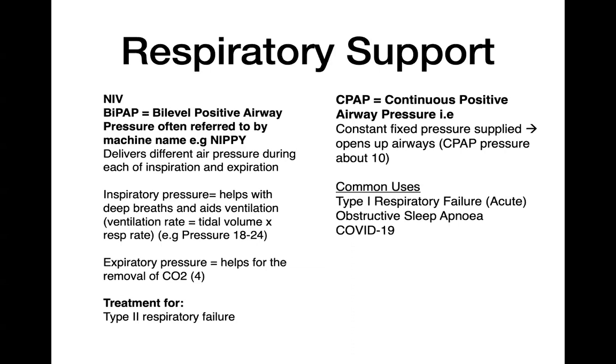That's why if someone's in type 2 respiratory failure, you need to be sighting them for BiPAP, not CPAP. It's used for acute type 1 respiratory failure, and that's also why it's often very good in pulmonary edema, because you've got this pressure pushing the water out of the lungs as well, so you're double helping. And it's used in obstructive sleep apnea. Often patients will be using it overnight when their airway collapses, so you've got a positive pressure keeping that airway open. And it's obviously been used loads this year with COVID.